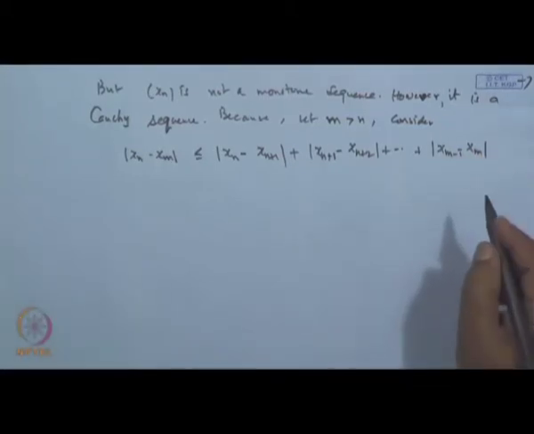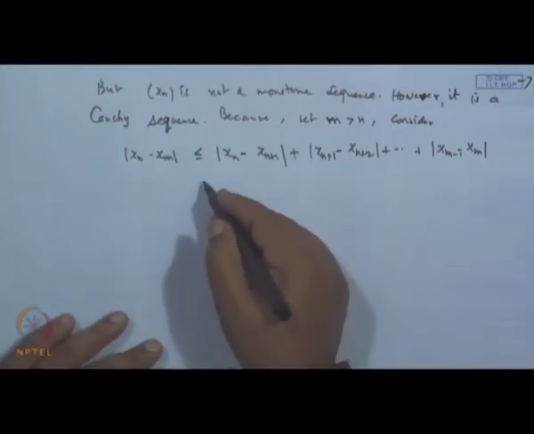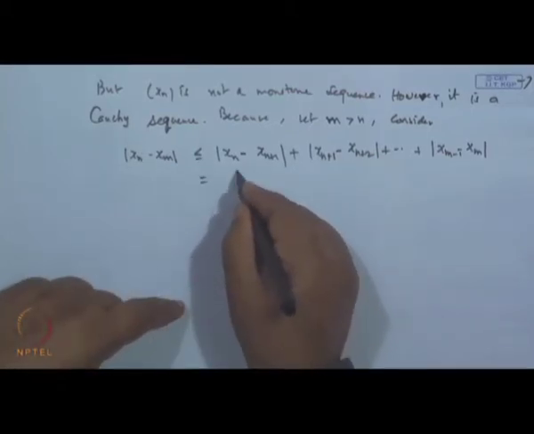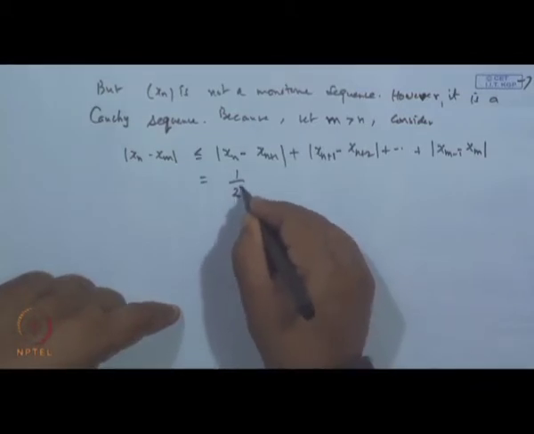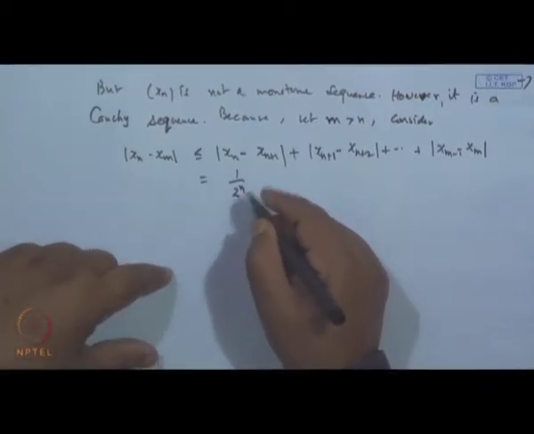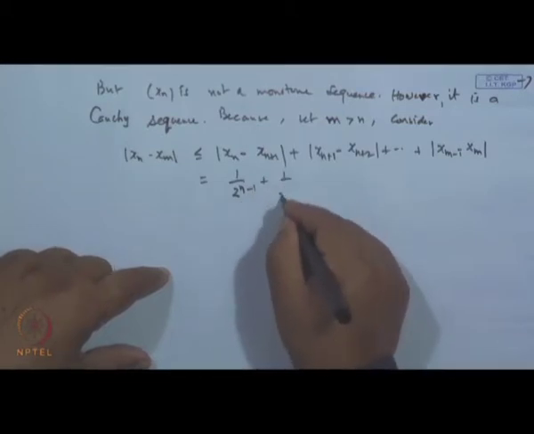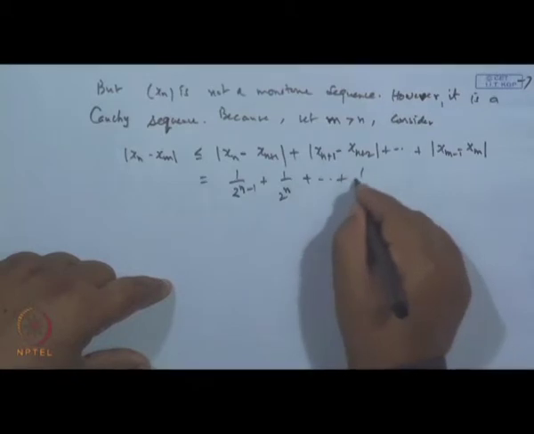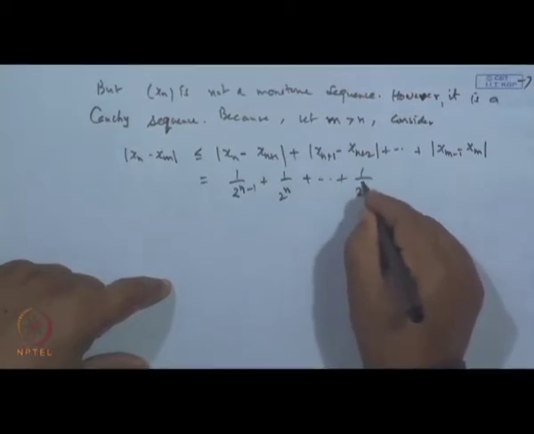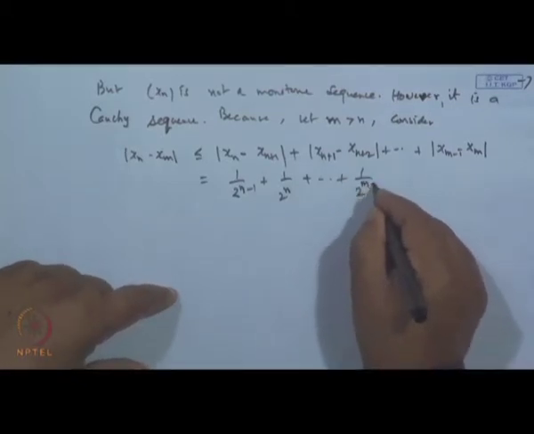Now this will be equal to 1 by 2 to the power n minus 1 plus 1 by 2 to the power n up to 1 by 2 to the power m minus 2.